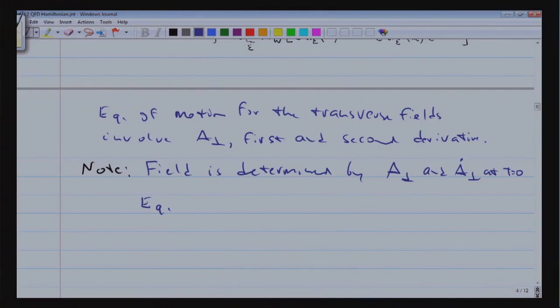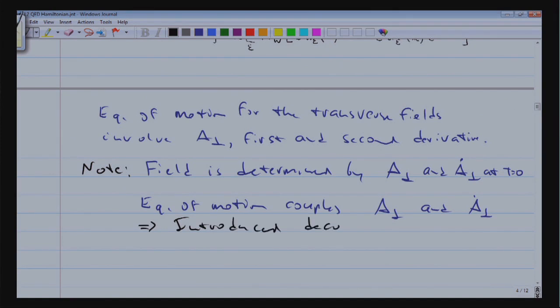So in other words, the equation of motion couples those, and normal mode means that we have introduced decoupled normal modes.